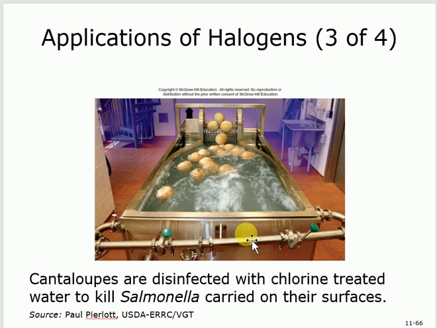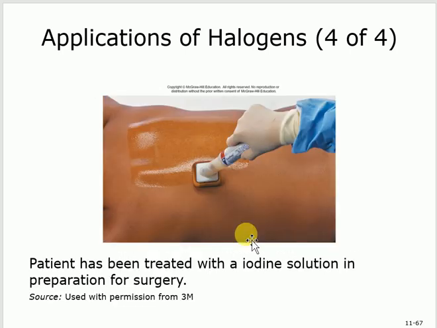In industry, like cantaloupes, they disinfect with water that's treated with chlorine to get rid of the salmonella. Obviously, salmonella is a vegetative microbe, so you can kill it. This is how they use the iodine before surgery.